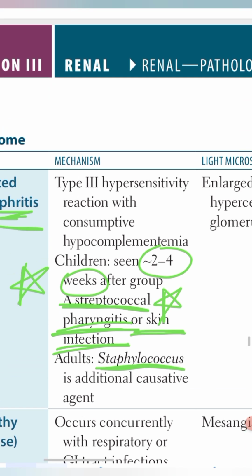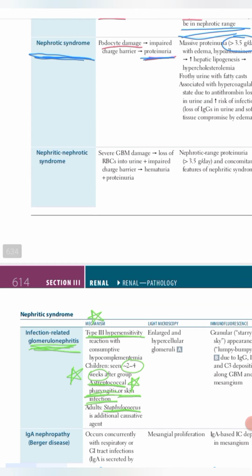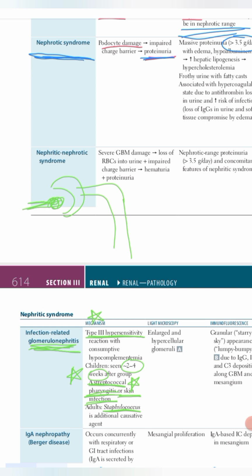Now, there is involvement of a type 3 hypersensitivity reaction with consumptive hypocomplementemia. We know that this is the Bowman's capsule, these are the tubules, here is the glomerulus. Whenever there is an infection of the skin or throat due to group A streptococcus, our body will produce antibodies against these antigens.